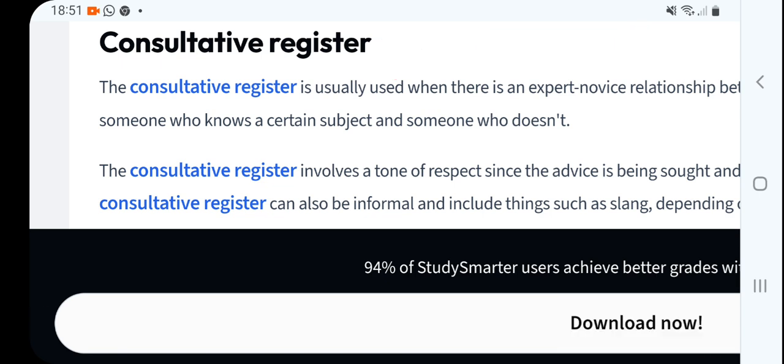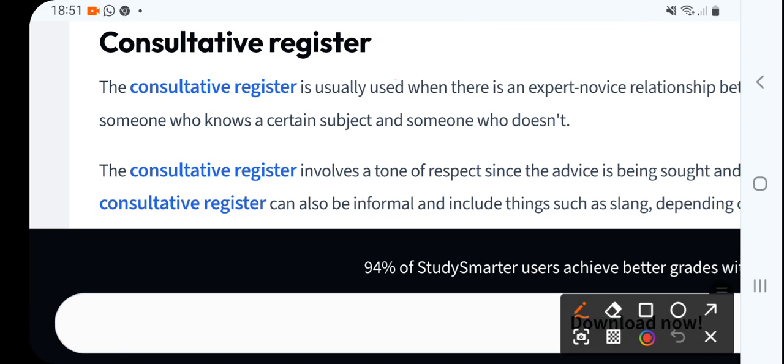So this relationship, why? Because the trainer knows and the trainee does not know. The trainee does not know, so the trainer teaches the trainee.